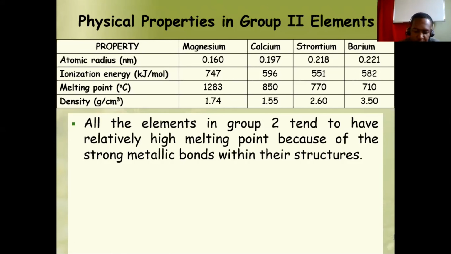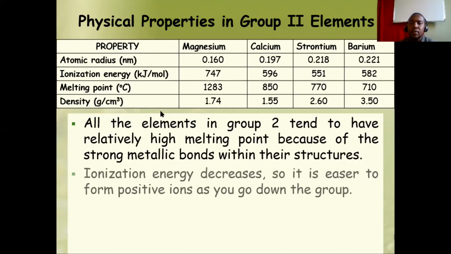So the further you are from the nucleus, the less the attraction between the protons and your electrons. Because the attraction is less, our electrons need less energy to actually be taken off the atom when the atoms get bigger.